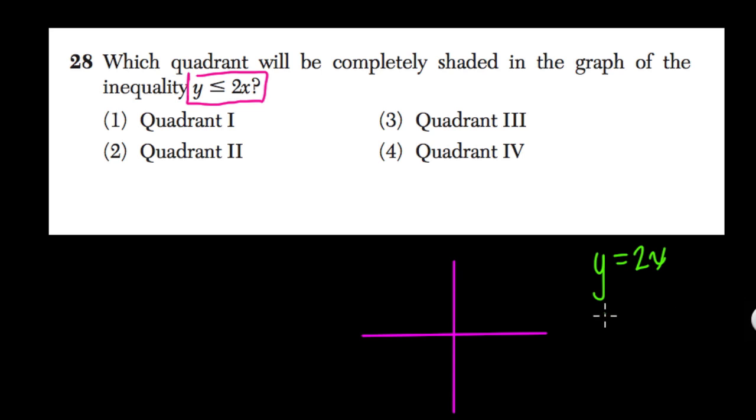When x equals 0, y is equal to 2 times 0, or 0. So that means our y-intercept is at the origin. And if I plug in x equals 1, y will be 2. On the reverse, if I plug in negative 1, what will y be? Well, 2 times negative 1 is negative 2. So I get a point down here.